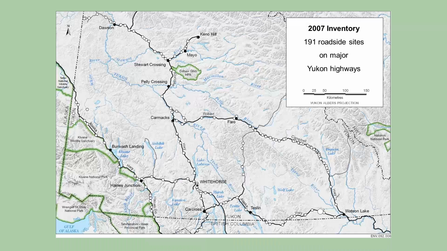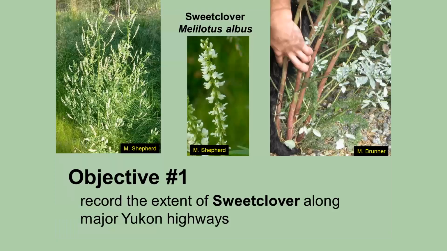And so these were all the sites, 191 sites that they stopped at and recorded all the exotic plants that were found. And one of the main points was to look at sweet clover. And so every site, they recorded all the exotic species, but they were really trying to look for sweet clover.